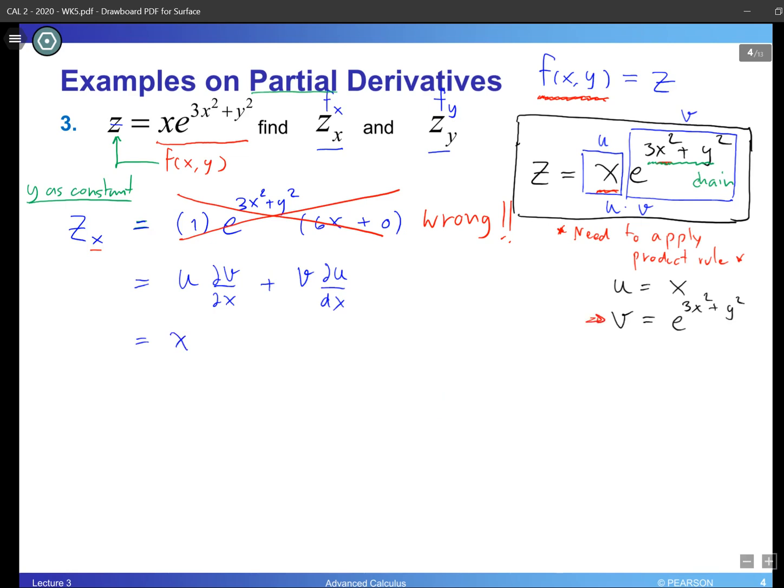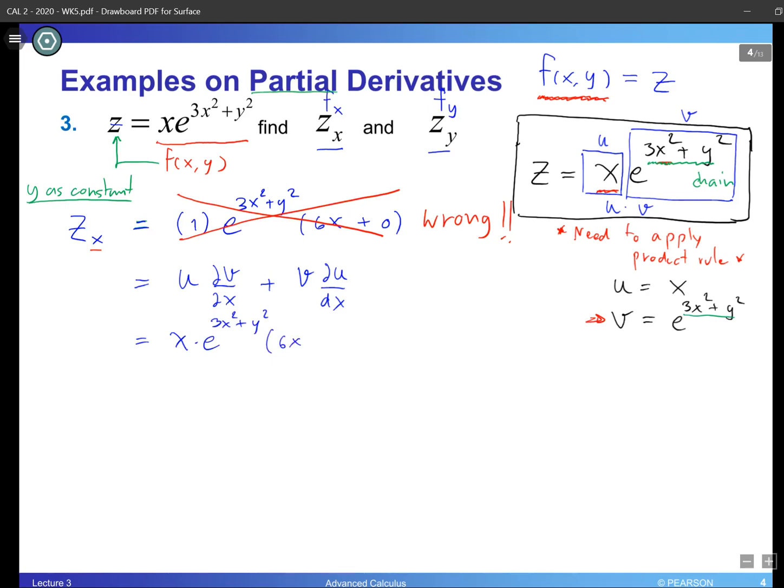So of course exponential right here is going to stay the same. The power stays the same. But after that, I am supposed to apply the chain rule to these terms. I am supposed to diff that with respect to x, and I get 6x.